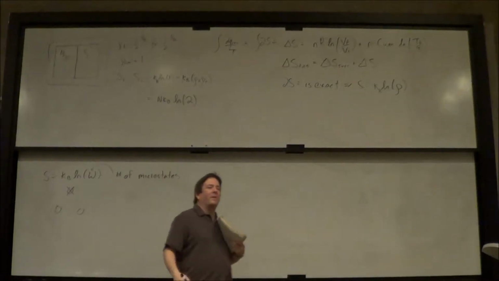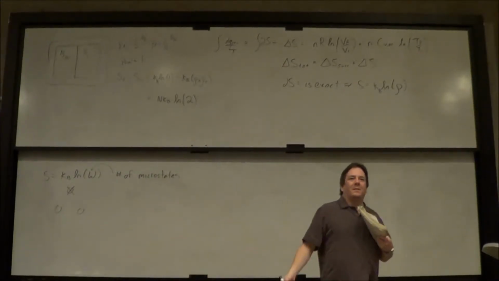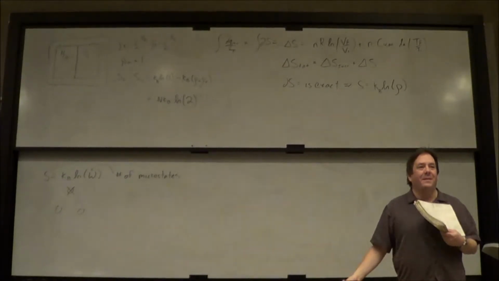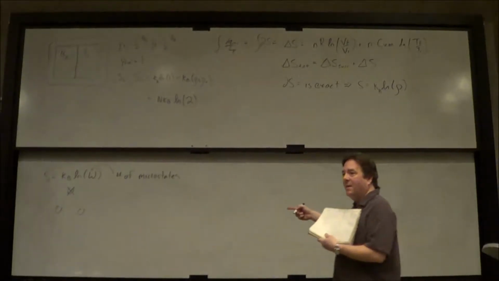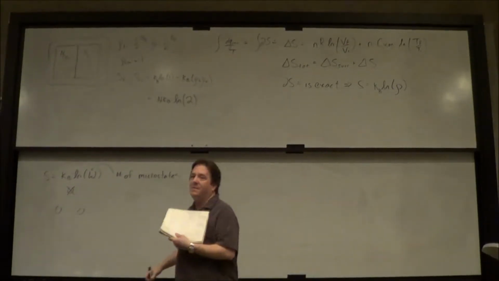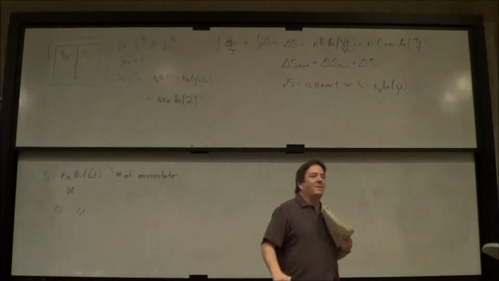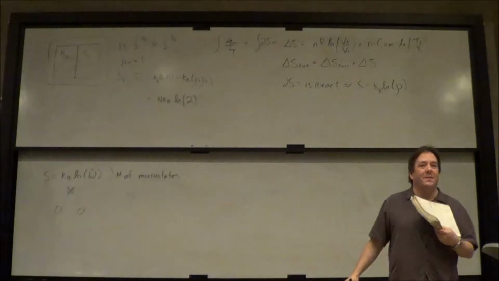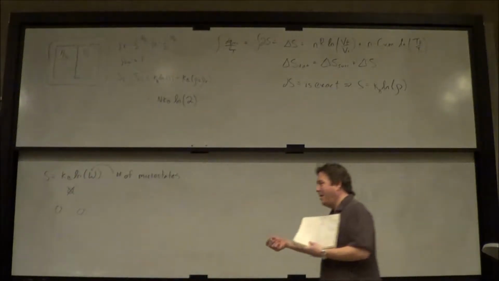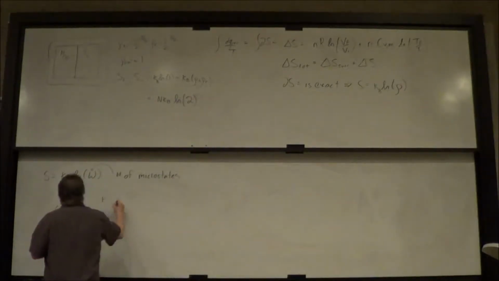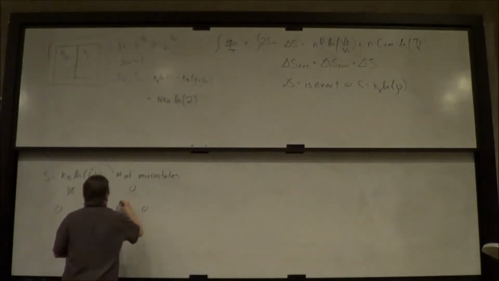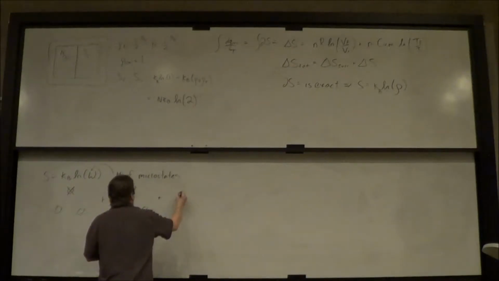How many ways, how many states do I have? How many ways can I arrange that piece? Now, all the holes are the same, and this thing can hop with no energy. How many ways can it hop? How many spots does it have? 3. So there's the W.